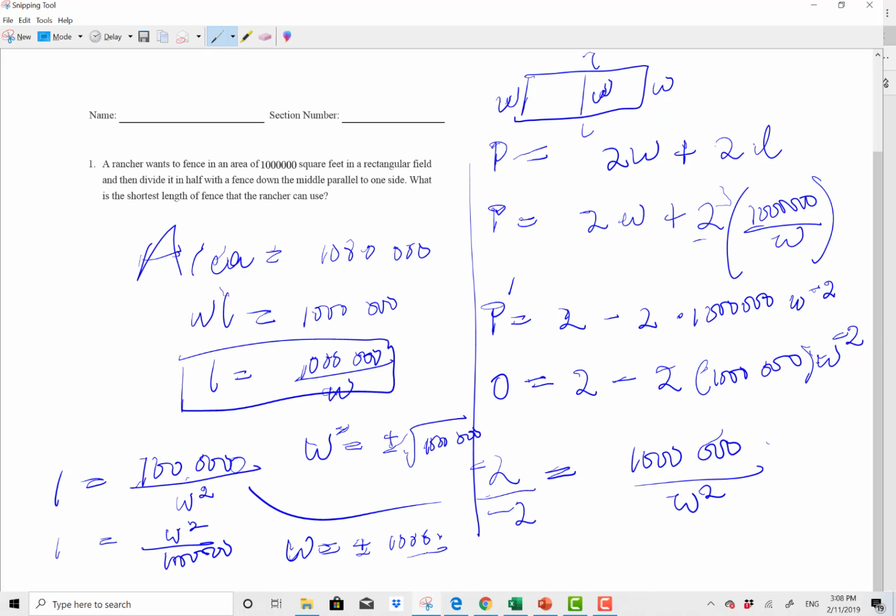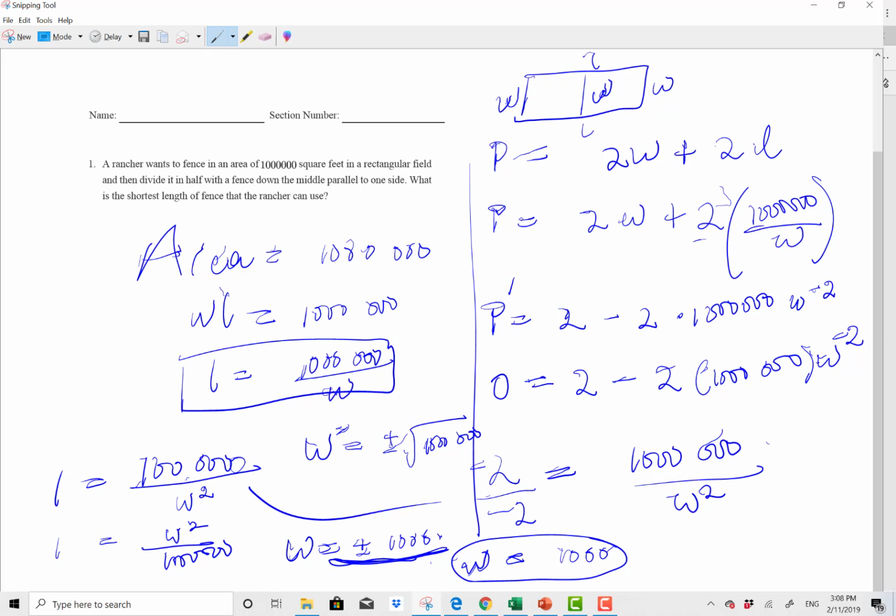So generally, without even checking if this is the minimum value, it's definitely going to be. So W here is going to be equal to 1,000. And that's the value for W that's going to actually minimize the perimeter. So W is going to be equal to 1,000.